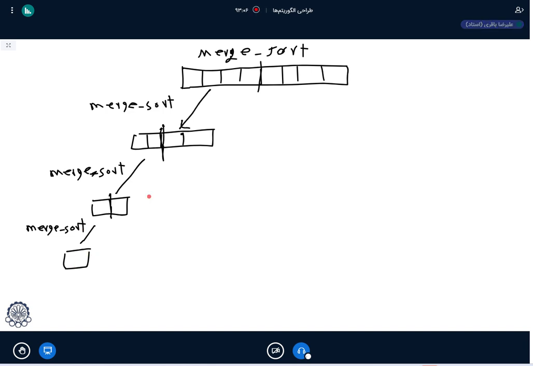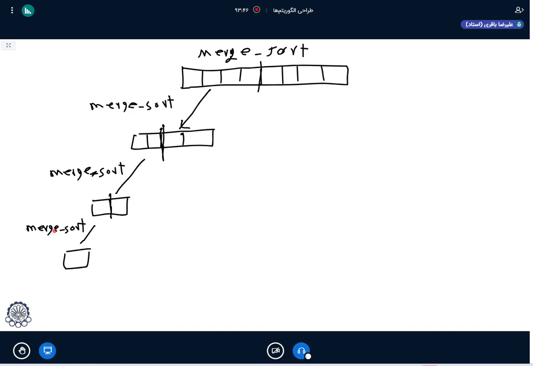Okay. So from the top, we have a merge sort call on 8 elements. Then we have a merge sort on the first 4 elements. Then a merge sort for the first 2 elements, and then a merge sort on the first element. In this step, inside the last call of merge sort, we have an array of only one element.